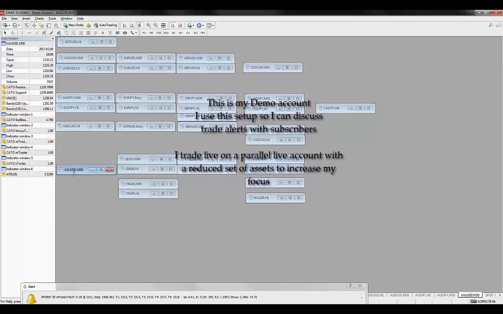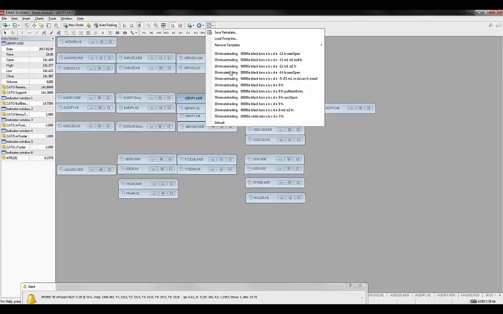So that's gold. I've got the DAX, the FTSE, the Dow, the S&P, the Nasdaq, the French CAC, the CAD yen, pound yen, and I've got a number of different templates set up.